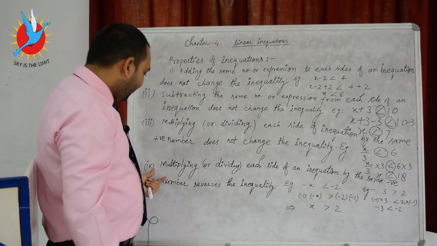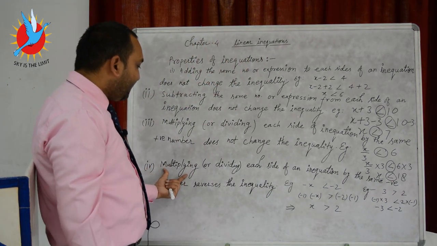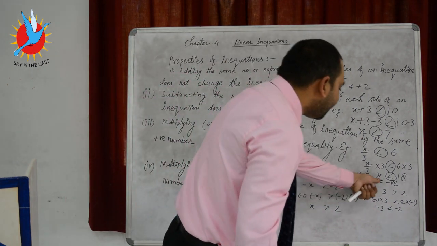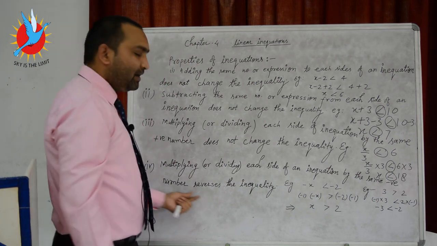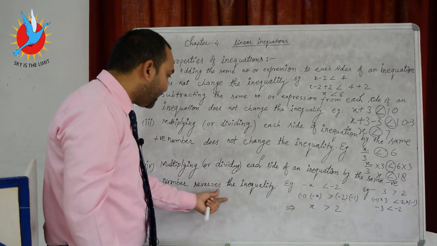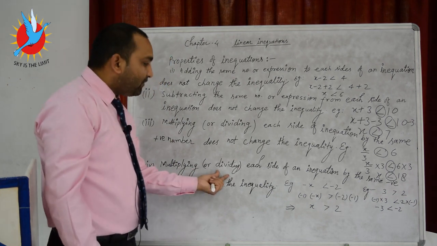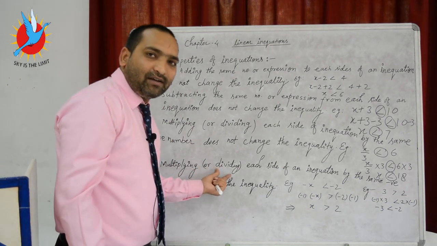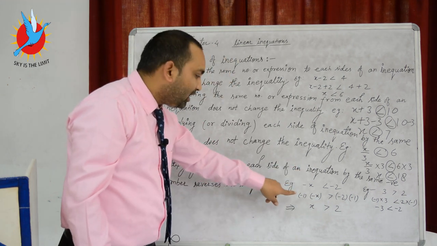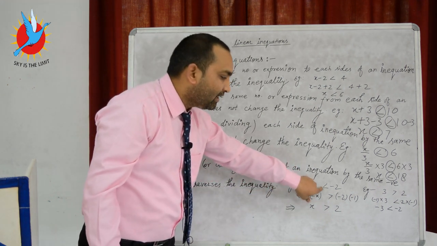Next, the fourth property is multiplying or dividing each side of an inequation by the same negative number reverses the inequality. This point should be noted. When we multiply or divide by the same negative number, the inequality sign will be reversed.